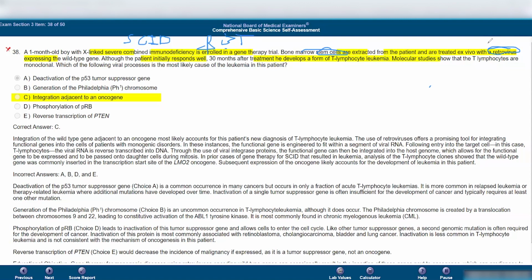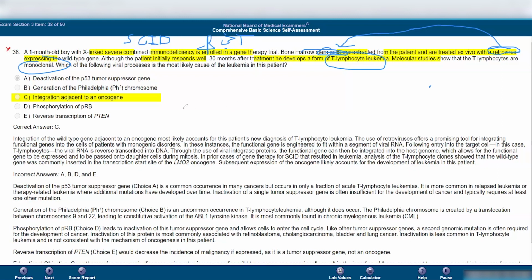You always wonder, if you introduce a gene in the incorrect spot, what can happen? That's what they're trying to test you on. Obviously, after he initially responds well and he's not sick, all of a sudden he forms leukemia. And they're monoclonal, which means the same cell line generates over and over again. They're just saying it in scientific terms, monoclonal, which means it's leukemia.